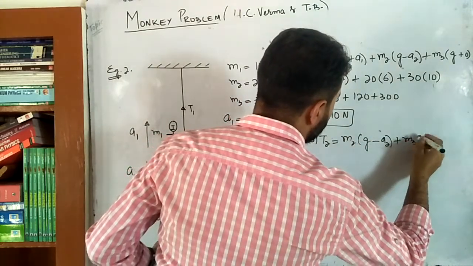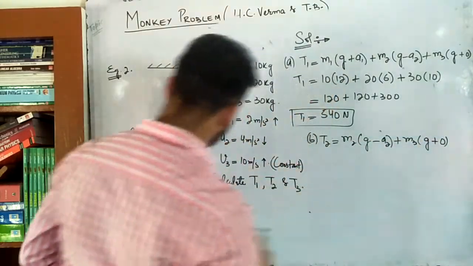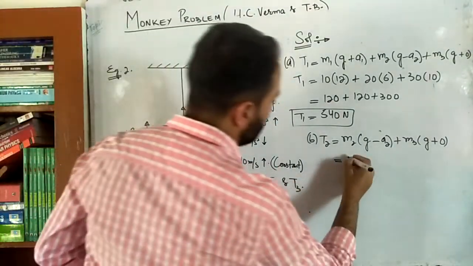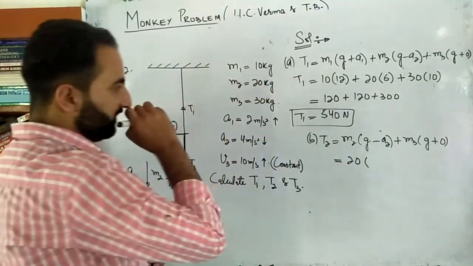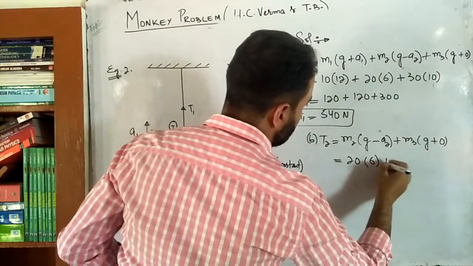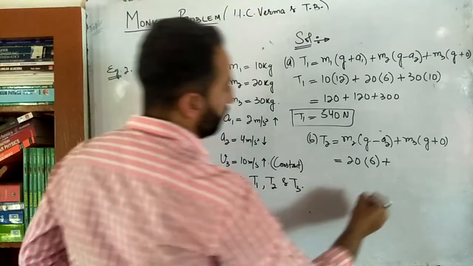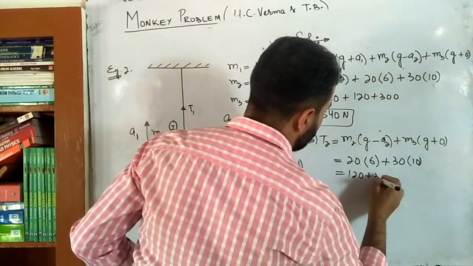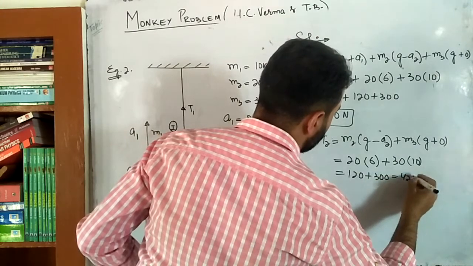Then plus m3 multiplied by g plus 0 because this is moving with a constant velocity. Now substitute the values. m2 is 20 multiplied by g minus a2, that's 10 minus 4, which is 6. Plus m3, that's 30 multiplied by 10. So this is 120 plus 300, and that is equal to 420 Newton.